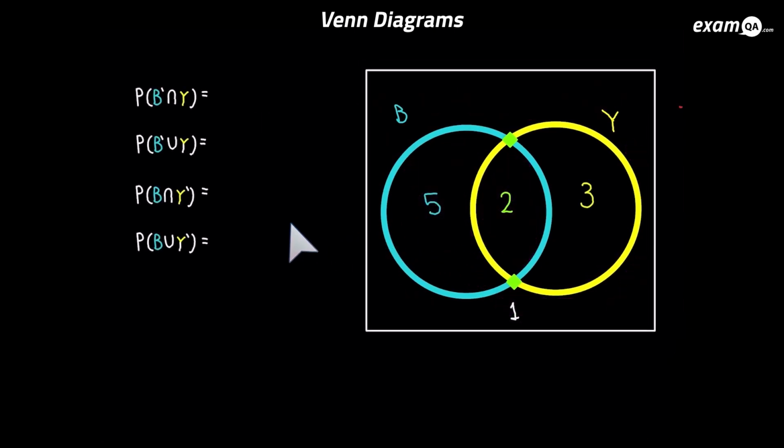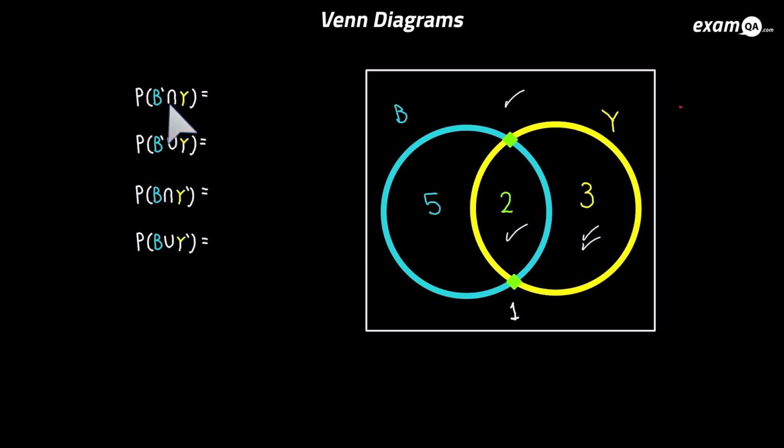Now we're going to try some numeric questions on this. So let's try the first one. It wants not B and Y. So we'll do that tick method. We'll tick every place where it's not B, and tick every place which is Y. And if you go back to the question, it says and, or you can say intersection.